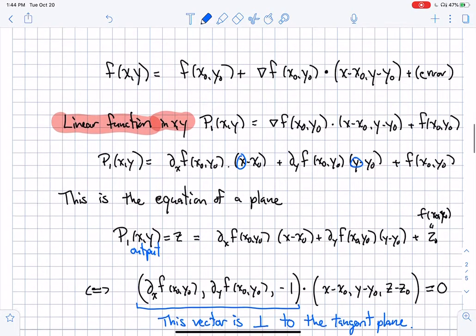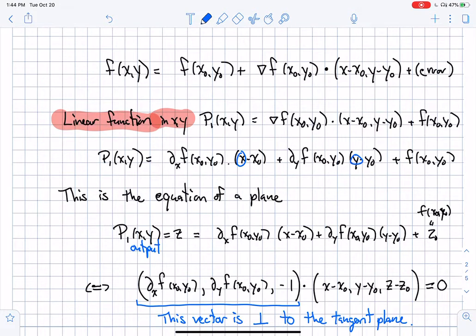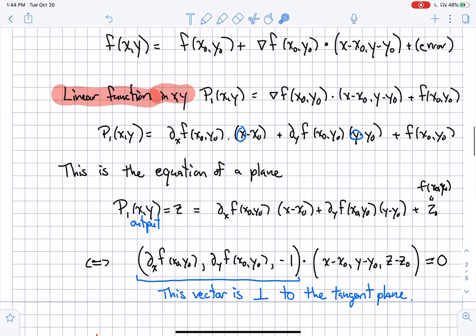So how do I see concretely what's the equation of the plane in the standard form we used to do, okay? Well, what I do is see the output of that linear function as the third coordinate, z, all right? So the third coordinate is equal to that, okay? Now, if I write this in a different way, the value of the function at the point x0, y0, let's just write it z0.